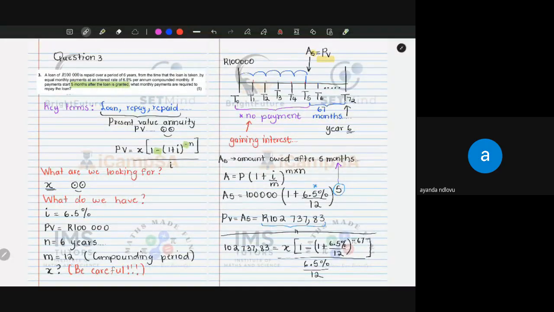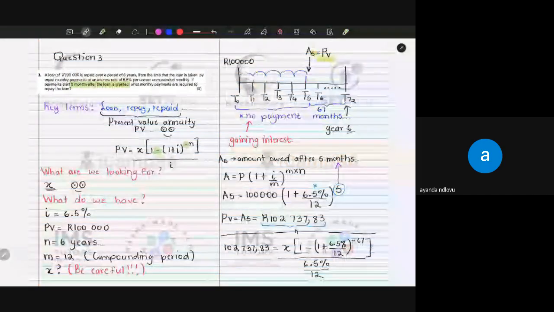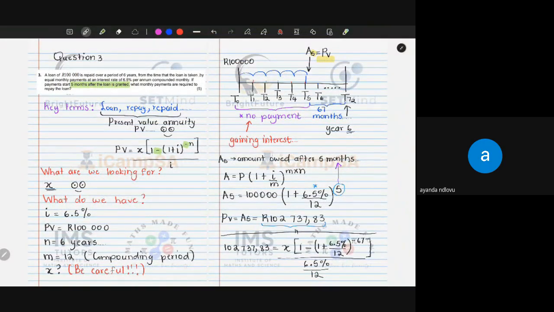Okay, in the interest of time, do we have any volunteer here who wants to tell us what is their understanding of this problem? Any volunteer? Tobela. I see you silent. Let's give it to Ayabonga.